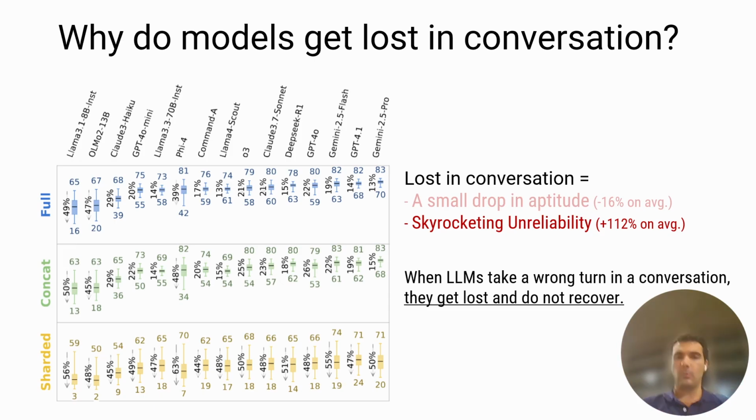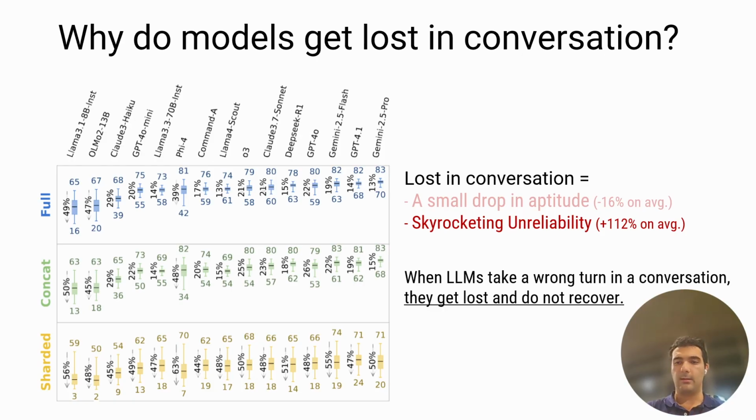And this is why we coined this phrase, when LLMs take a wrong turn in conversation, they get lost and do not recover. What we mean by that is that it's not just that the models are losing in aptitude, like certain tasks that they can do in single turn, they can't do in multi-turn. It's that in the multi-turn setting, if at any point the model takes a wrong turn in the conversation, and makes a wrong assumption or misunderstands something, then it will likely get lost and not recover.